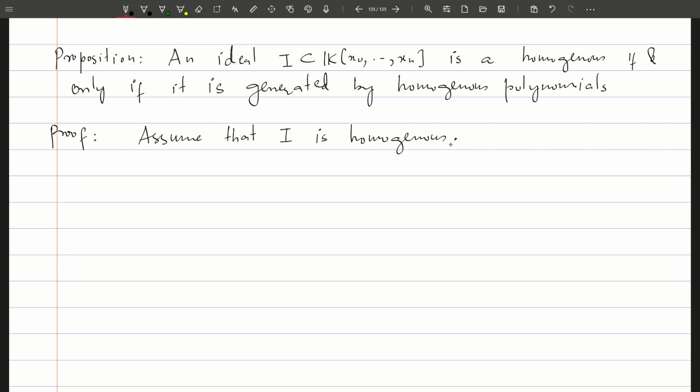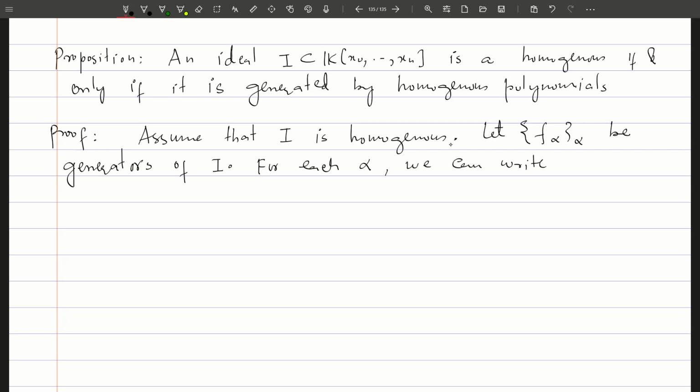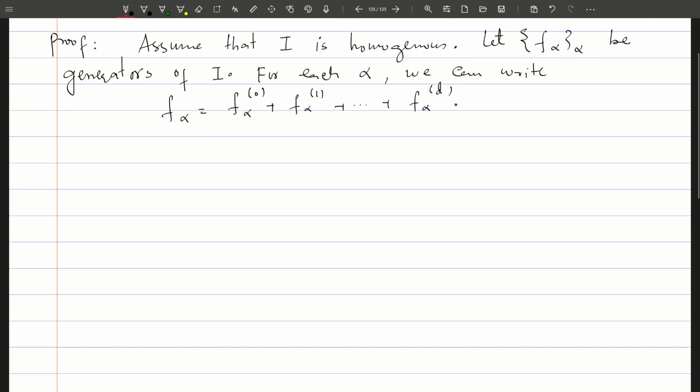So let f alpha be generators of I. Now I being homogeneous, for each alpha we can write f alpha as a decomposition in the homogeneous components, up to f alpha of degree d. This is trivial, we can do this.